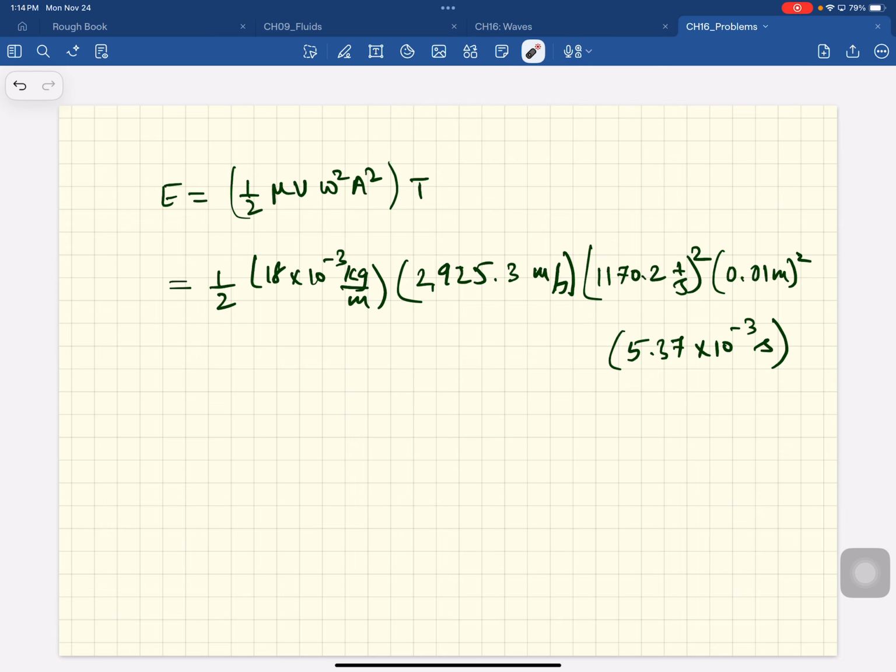Okay. All right, let's take care of powers of 10. Here's 10 minus 3, 10 minus 6, and we'll make that 2.95. So that's 10 minus 3, then that's 10 to the 6, so 10 to the plus 3, and this is 10 minus 4, so you get 10 minus 1. So this is equal to 0.5 times 10 minus 1, assuming I did it all right. Okay, so 10 minus 4, 10 minus 7, 10 minus 10.